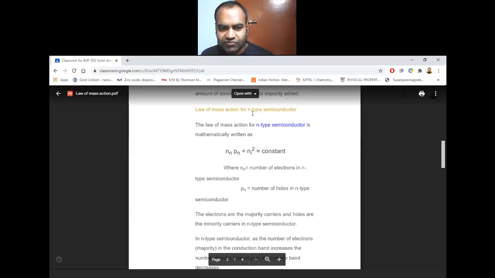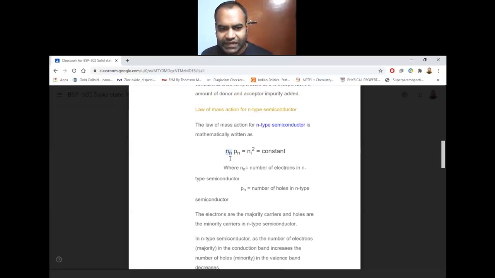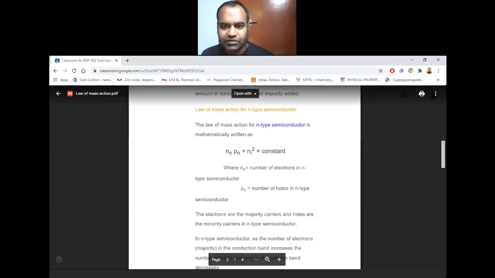Okay, since the semiconductor is n-type, therefore in the subscript, mainly you check the subscript terms, we have n, n. So don't get confused. Maybe I have to annotate here. There are two n terms, don't get confused. This n stands for number of electrons.